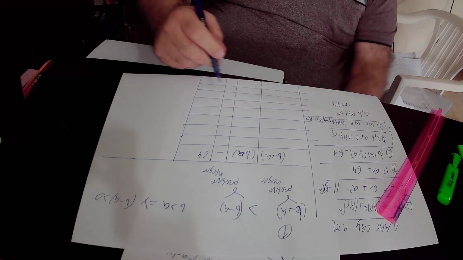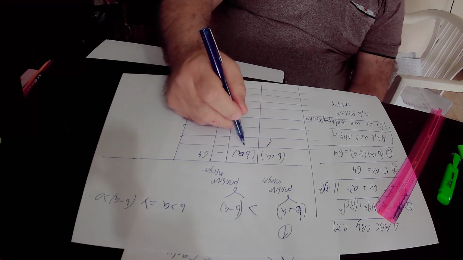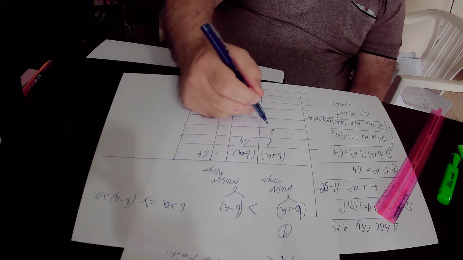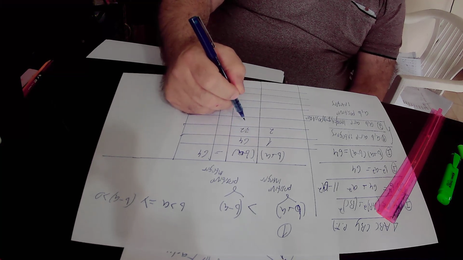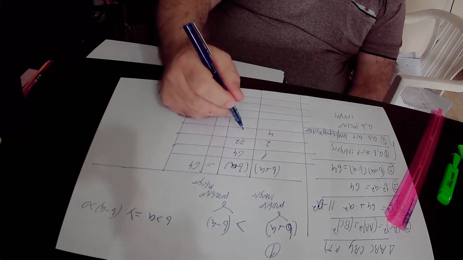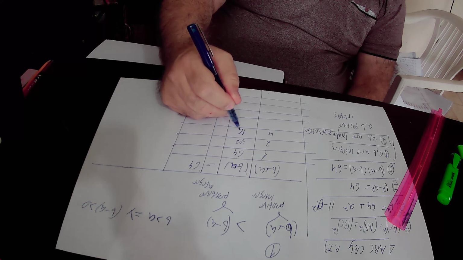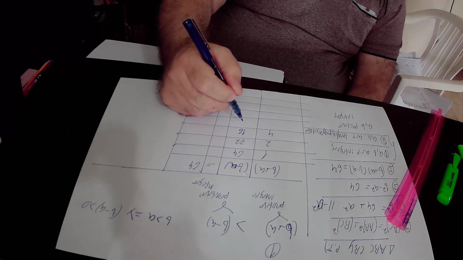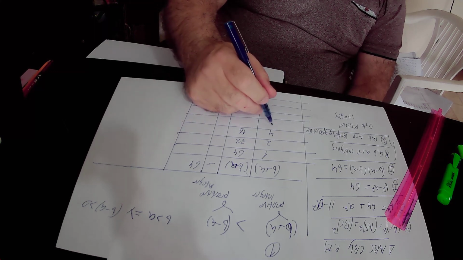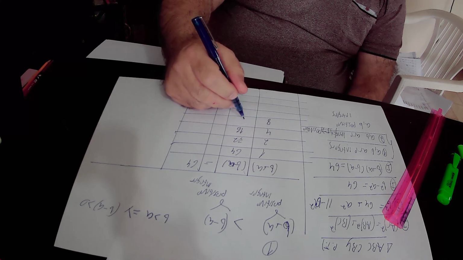The first option is that B plus A is 1, B minus A is 64. The second option is B plus A is 2 and B minus A is 32. The third option is B plus A is 4 and B minus A is 16. The fourth option is that B plus A is 8 and B minus A is 8 also.